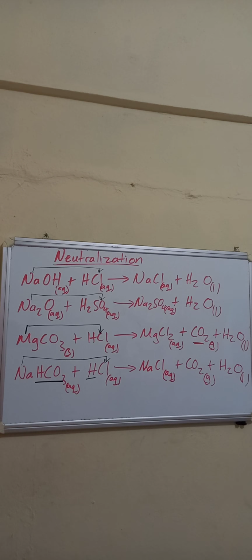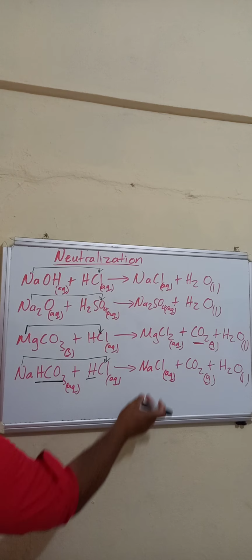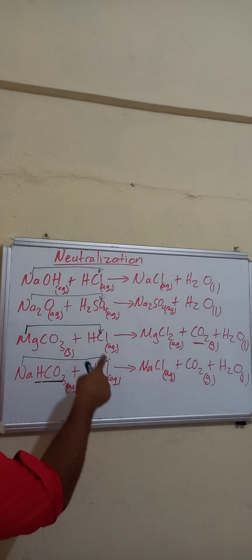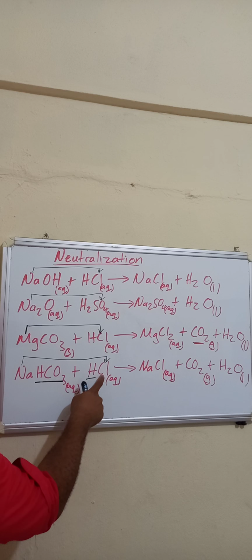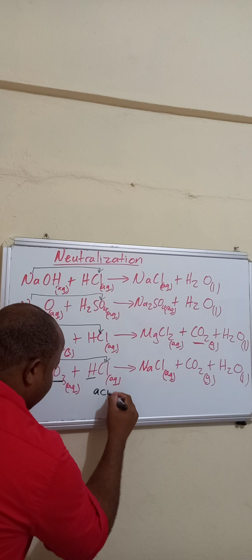So what should you remember from all of this? When you have metal carbonate or the hydrogen carbonate and you react it with an acid, you will get carbon dioxide and water as well as the ionic compound, which is formed from the positive ion of the carbonate and the negative ion of the acid.